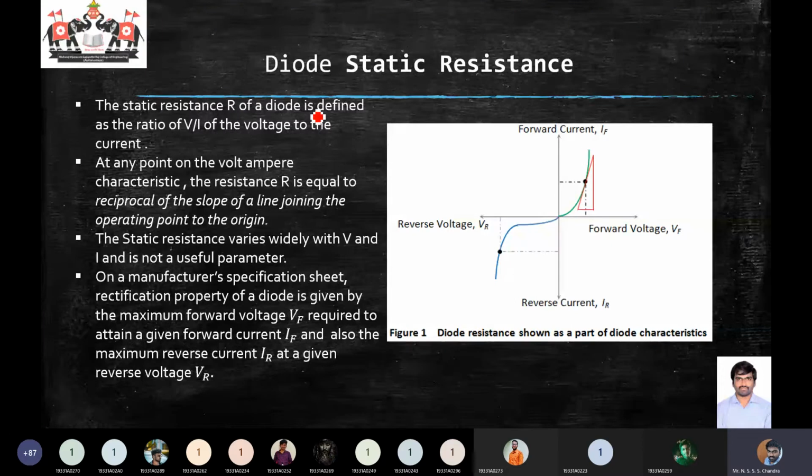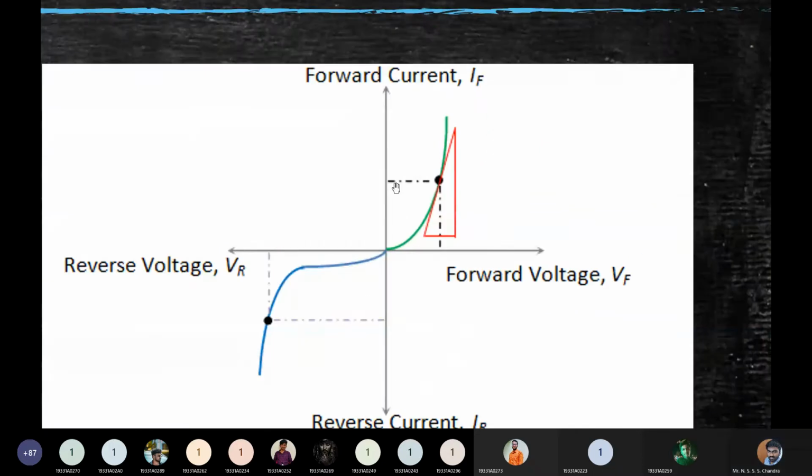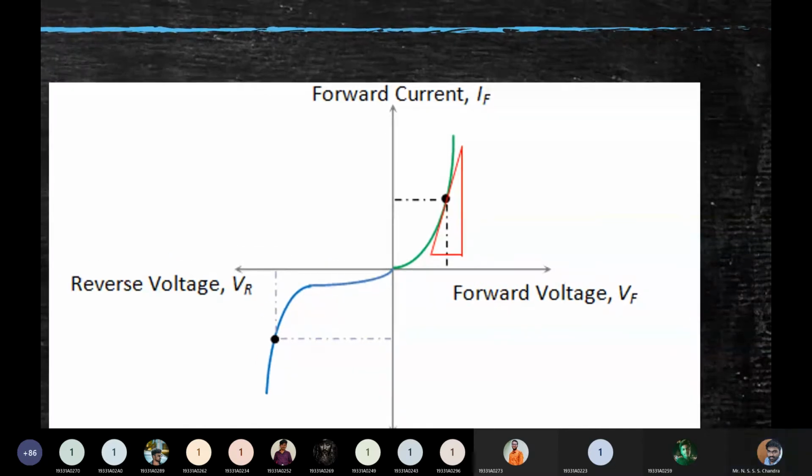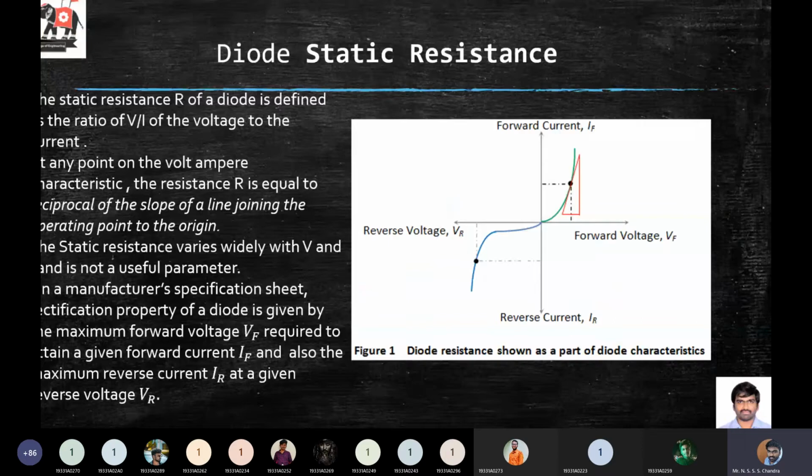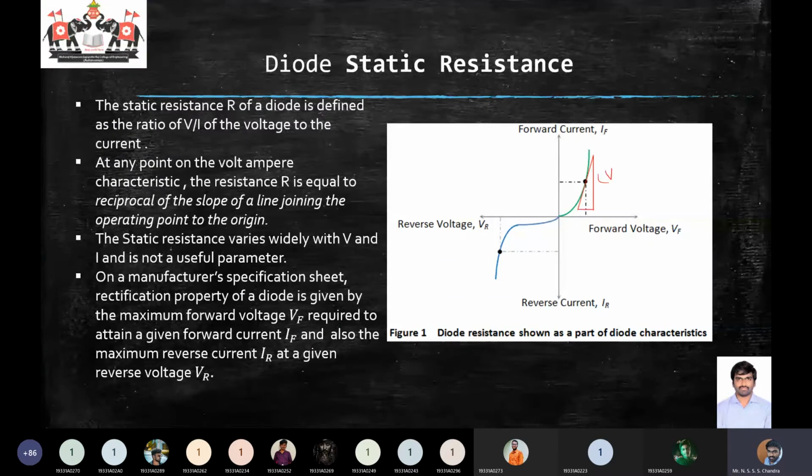So if we check this graph, you can see that you have an exponential curve and at any given point you will get two values. Let us say that I have a value V1, I1. On the x-axis I have a voltage V1.